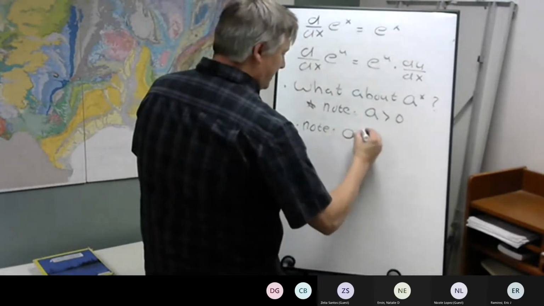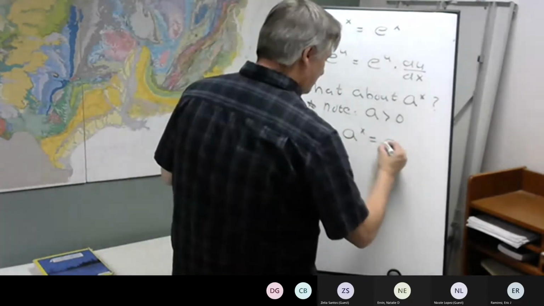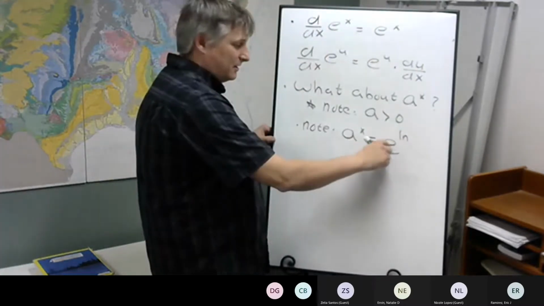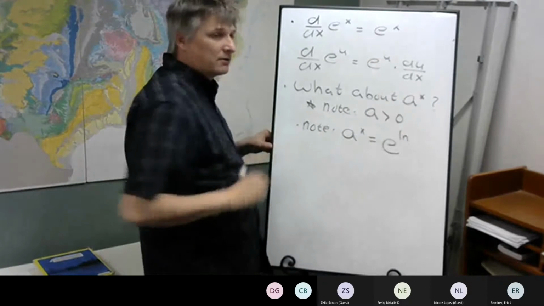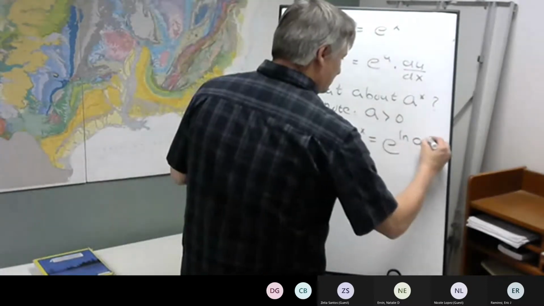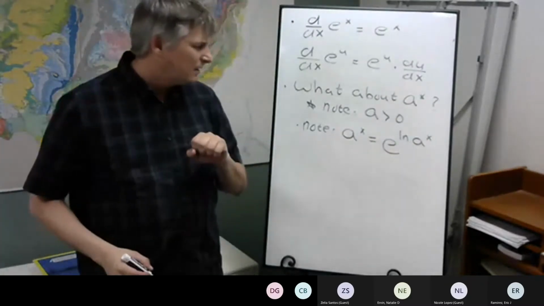we can rewrite a to the x as e to the natural log, because again, this is a log base e, so the e here is a base for an exponential expression, and the logarithm expression, they would cancel out. So we can rewrite it like this.